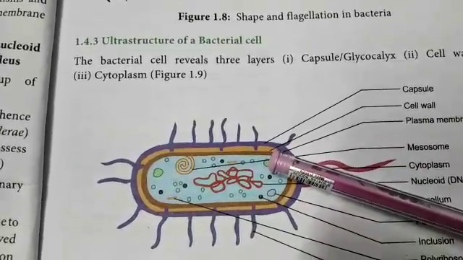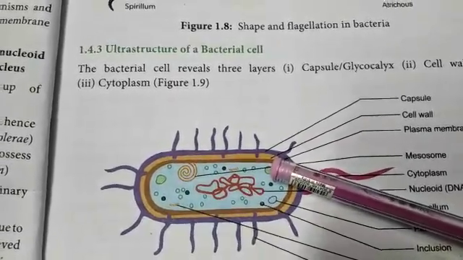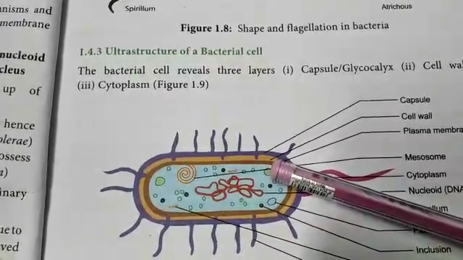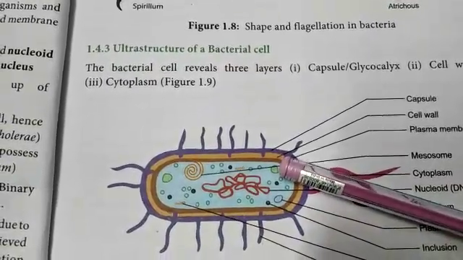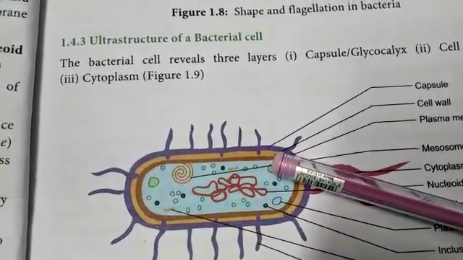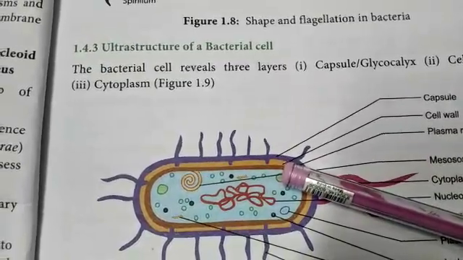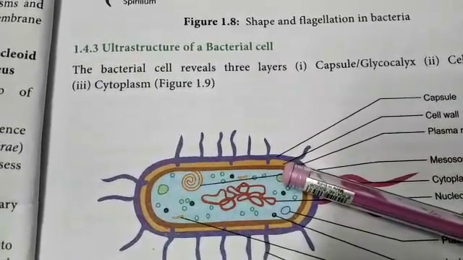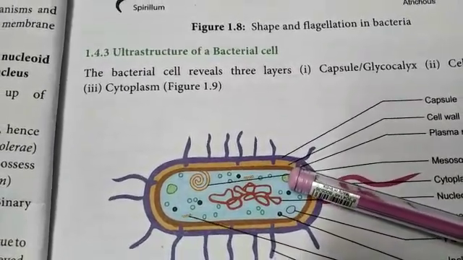Chemically, it is N-acetyl glucosamine and N-acetyl muramic acid, with a peptide chain of 4 and 5 amino acids. The cell wall surface also has porin protein. What is the function of porin protein? It is the diffusion of solutes. So this is the cell wall.